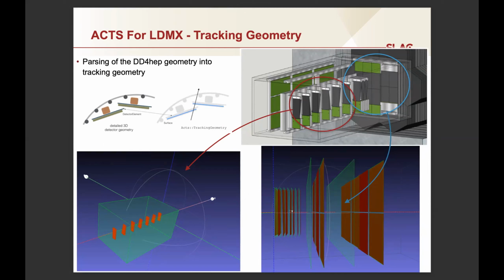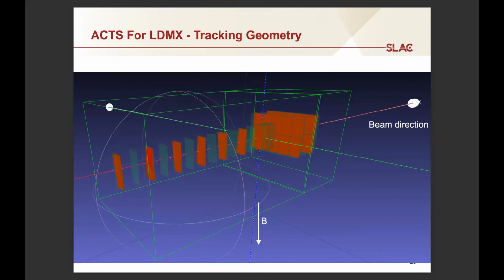This has been the most time-consuming job, because there were some tricks to be done in order to convert some things for the telescope geometry. But as you can see from the plots here, this is implemented, and the full tracker has been loaded inside ACTS and can be used for track reconstruction, layout studies, and so forth.